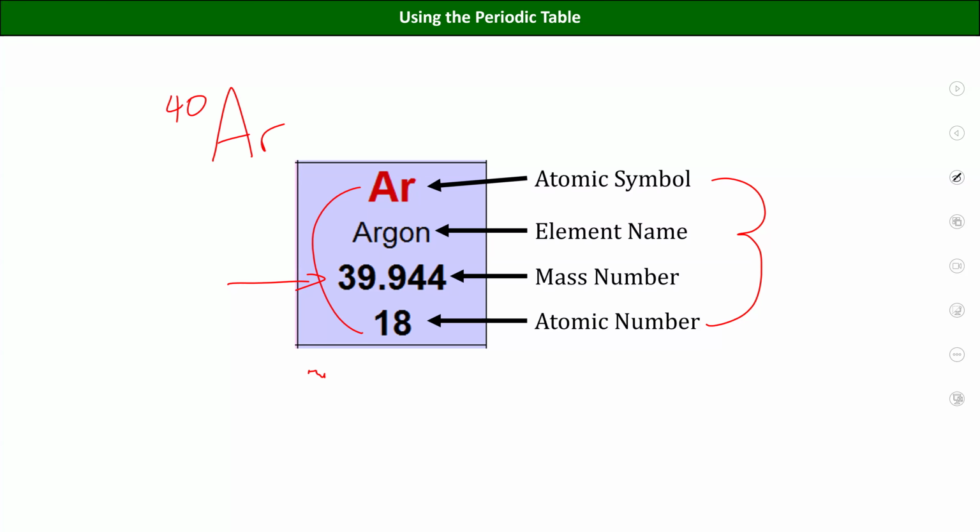So you put it up and to the left of the symbol, or we could write it as argon 40. So argon 40 is talking about a specific atom that has 18 protons because it's argon, and the total mass adds up to 40.